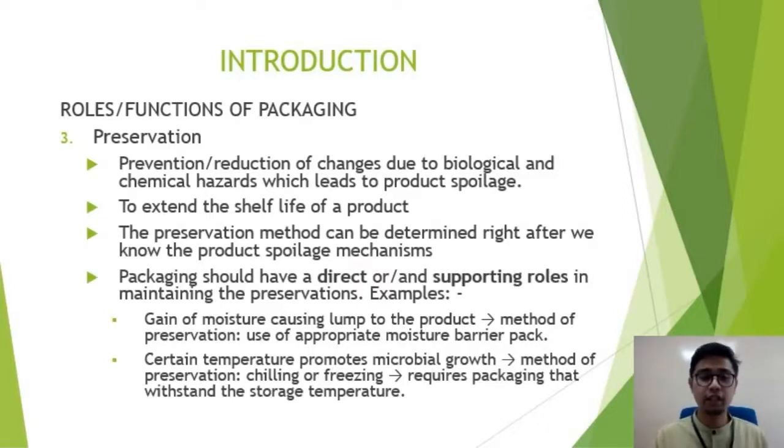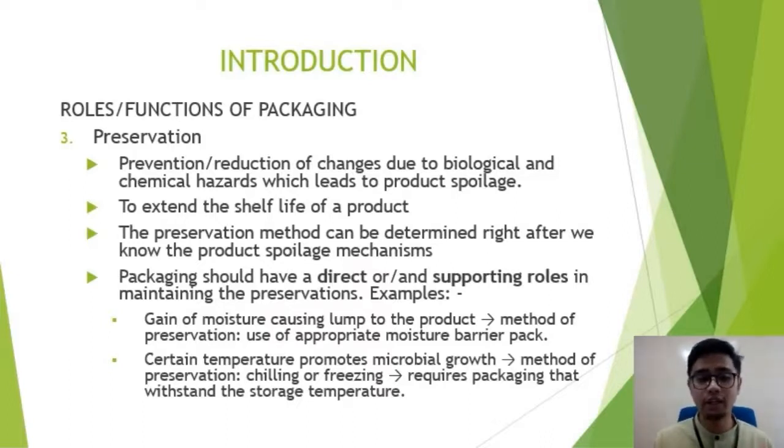The preservation method can be determined right after we know the product spoilage mechanism. So the packaging should have direct or supporting roles, or we can say direct or indirect roles, in maintaining the preservation. What are direct and indirect roles? Okay, for example, gain of moisture causing lumps in the product. As I mentioned before, the preservation method can be determined right after we know the product spoilage mechanism.